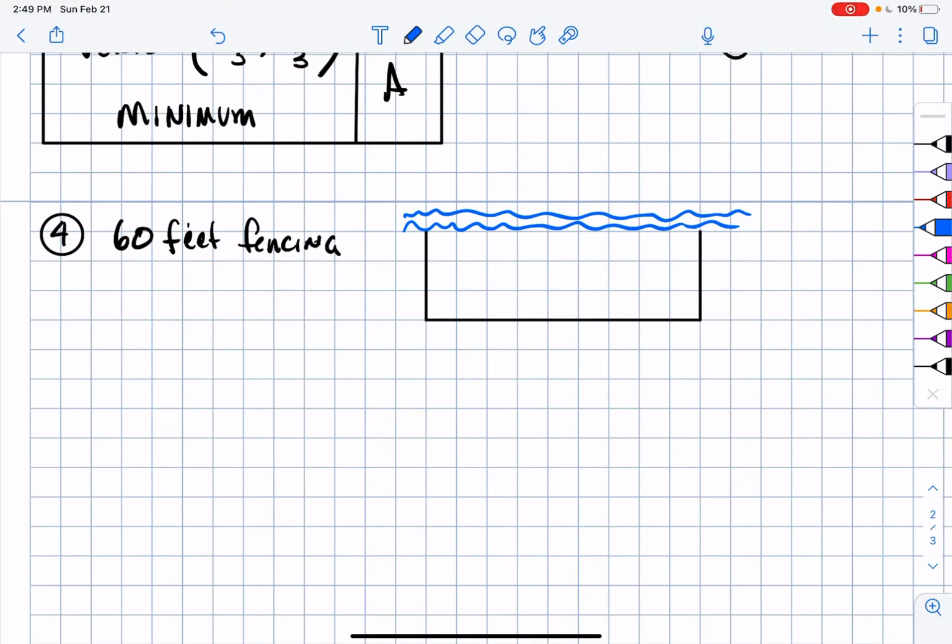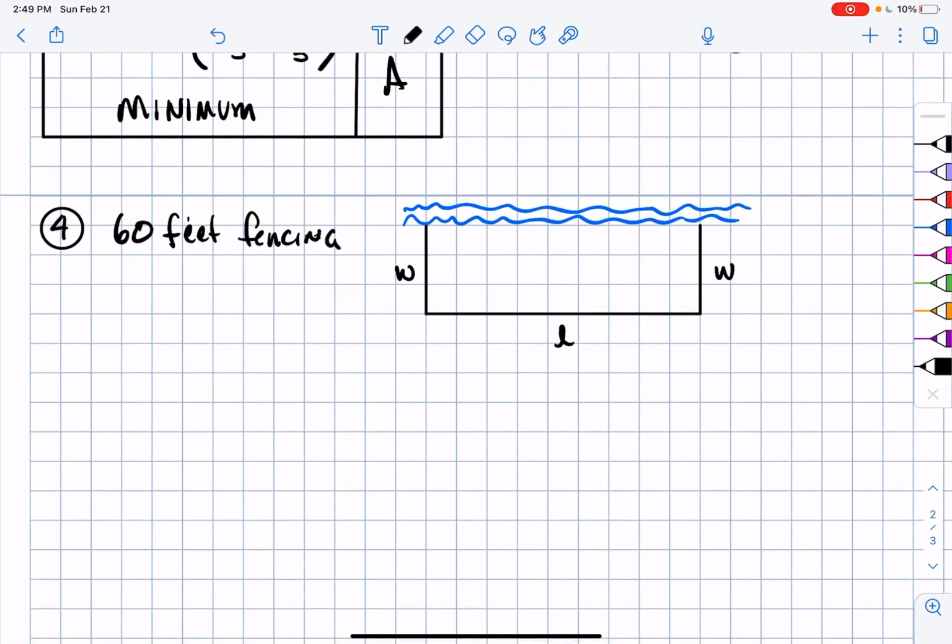So it told me already length and width. This is the length, this is my width, and this is also my width. Would you agree with me that that's where the fencing is going to go? So my fencing is going to be W plus W plus L, which is going to equal 60 feet.